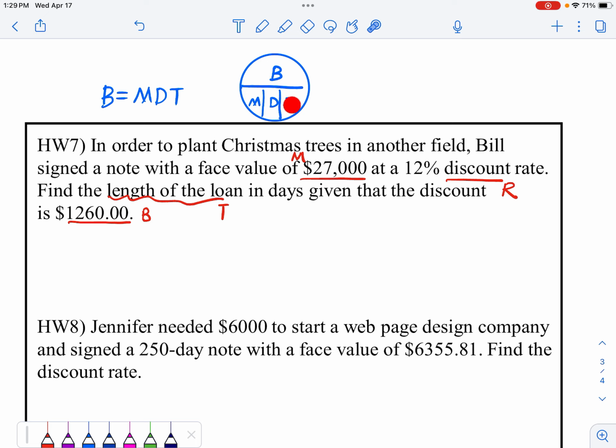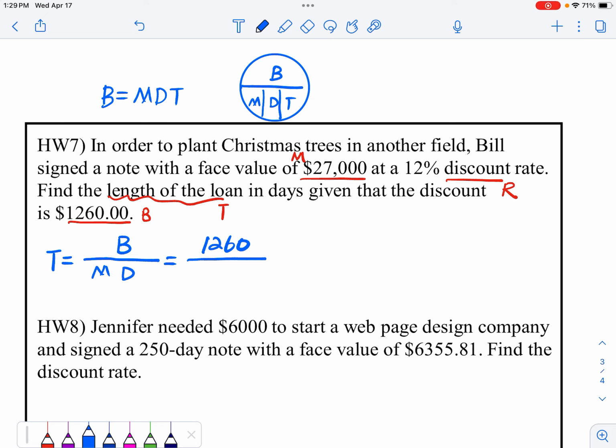Maybe you can pause the video and do a little thinking. Because we want to find the time, according to the circle, we'll have B over MD. And keep in mind, this is measured in years. So therefore, B is 1260.